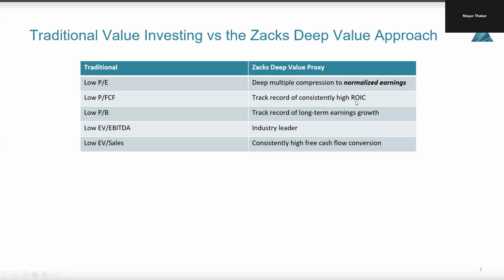This is very important because companies that earn high returns on capital consistently over time, even if they're not doing it currently right now, because they're going through a difficult situation, which is, we believe, temporary. If a company has had a track record of a consistently high ROIC, it means that they are doing something that is very difficult to replicate.